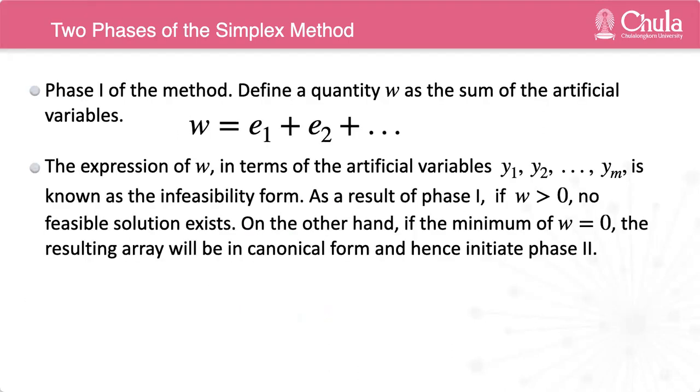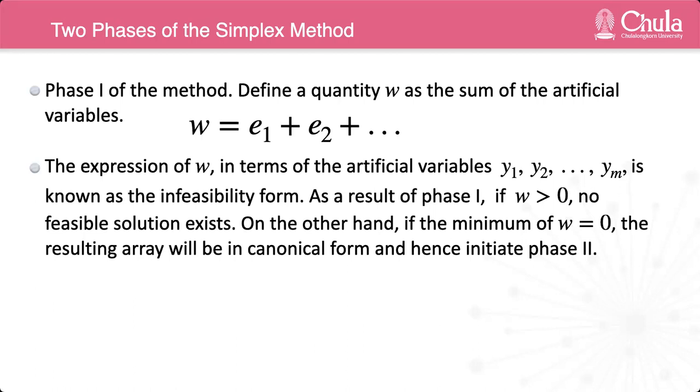Then, from the name of the algorithm, what is the name of the algorithm? It's two phases, right? We have phase 1 and phase 2. The aim of phase 1 is to find a feasible solution, not to minimize the objective function.